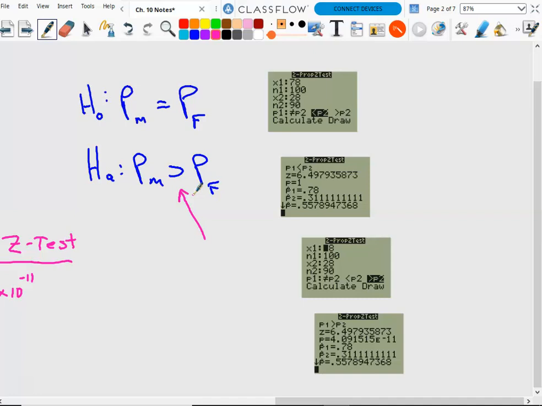Well, then you're going to have p sub M is greater than p sub F. Well, when I go plug my stuff in, I plugged it in. Notice I chose less than.